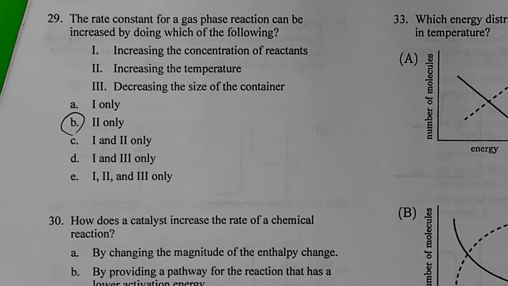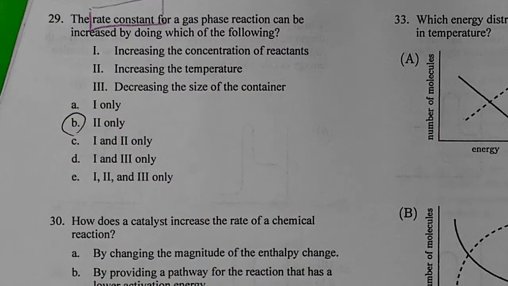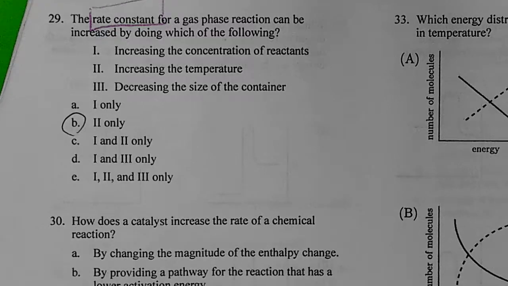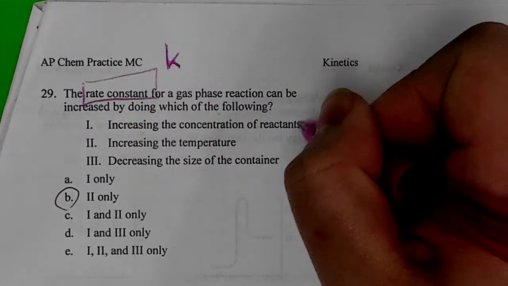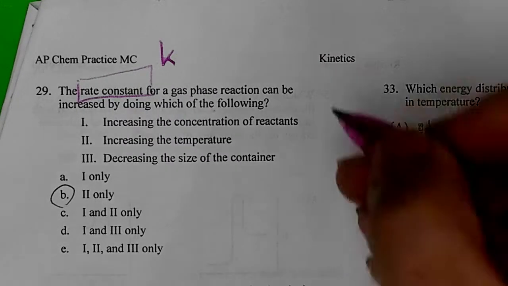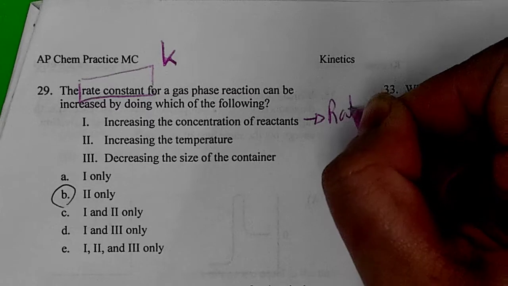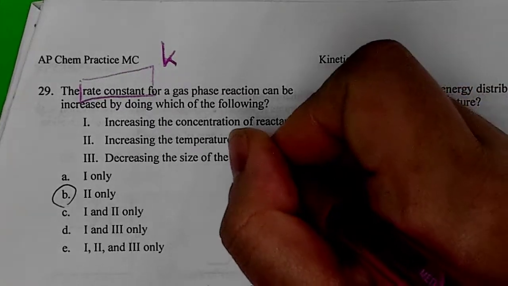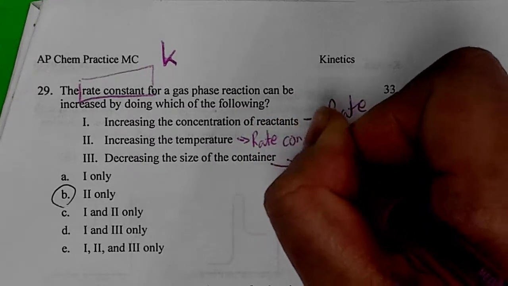The keyword in there was the rate constant, which means we're looking for K. It doesn't matter if the concentration changes, K is not changed by concentration. Only temperature changes K. This changed the rate, this also changed the rate, but only this changed the rate constant.